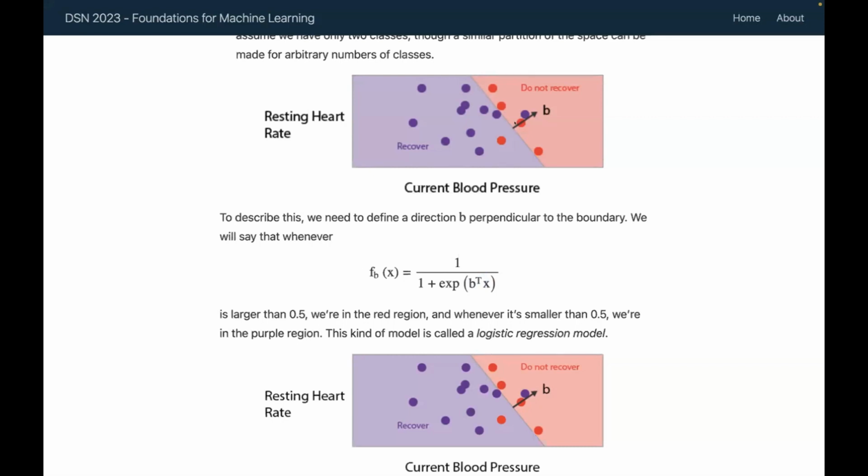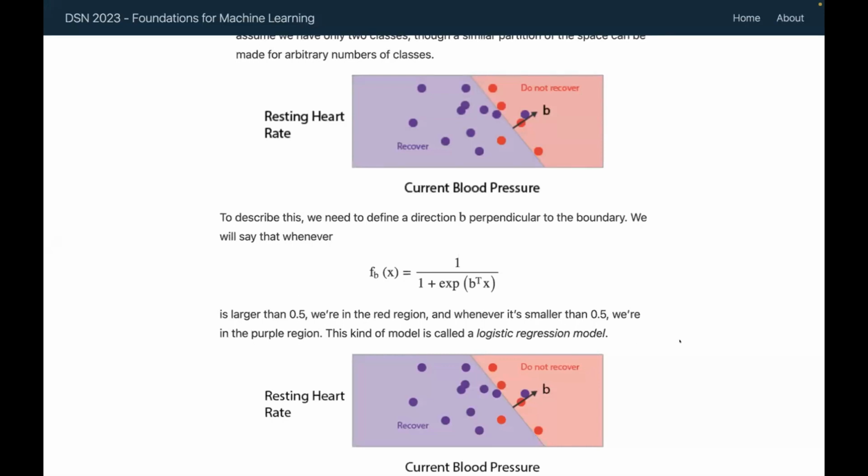And actually, this is not obvious, but the direction of the line is going to be orthogonal to b. The reason is that moving in the direction perpendicular to b doesn't change this at all, so you're left with the exact same probability all the way through. Okay, so we've seen linear regression. This here is logistic regression.